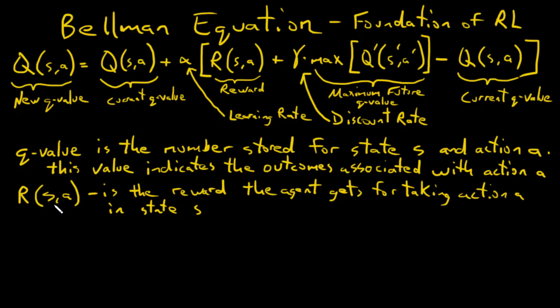This is eating a dot, touching a ghost, eating a piece of fruit, whatever. This has nothing to do with the future reward. This is strictly if I take this action, I get this reward. In the little grid that we did before, plus 10, plus 1,000, minus 1,000. Those are the type of rewards.